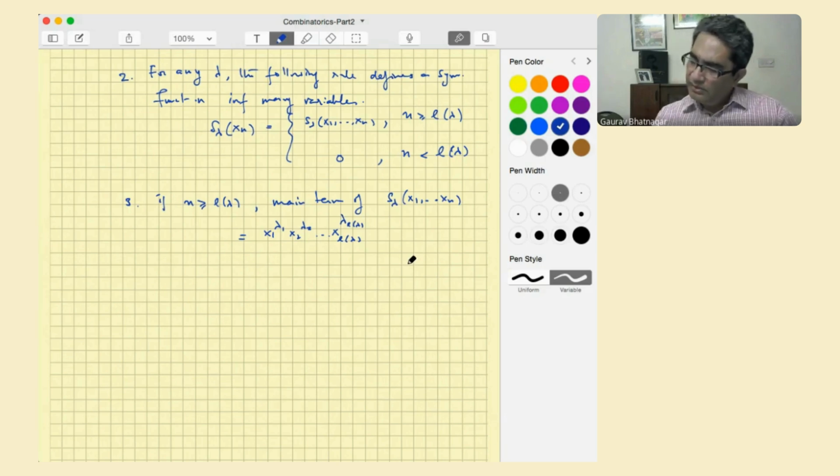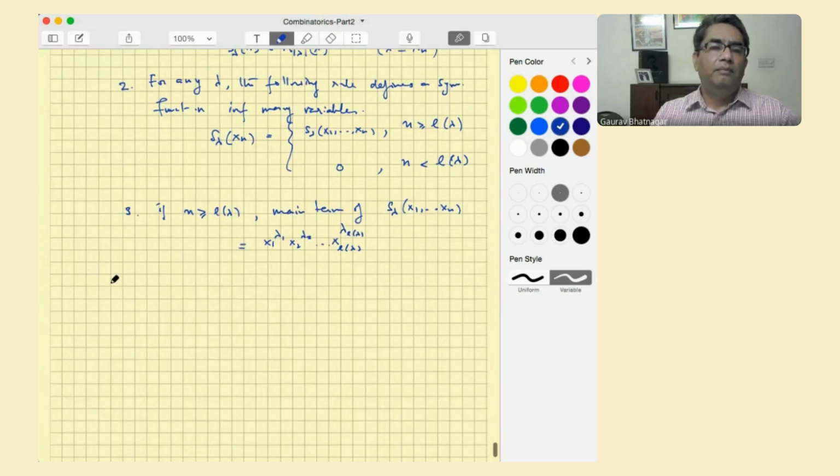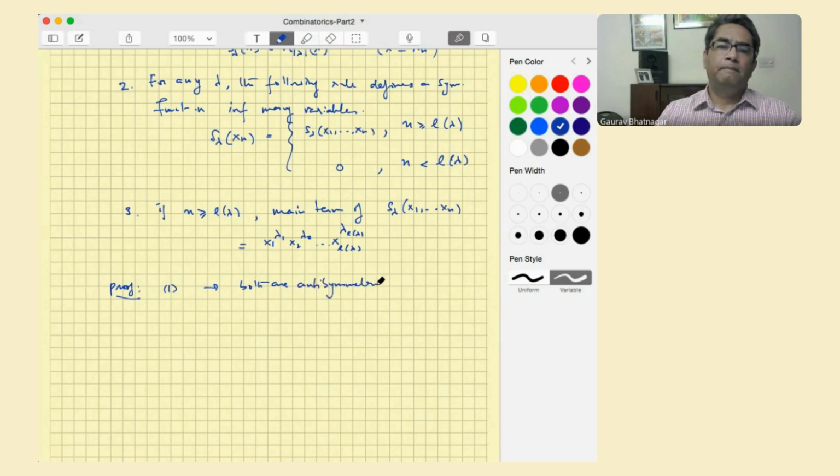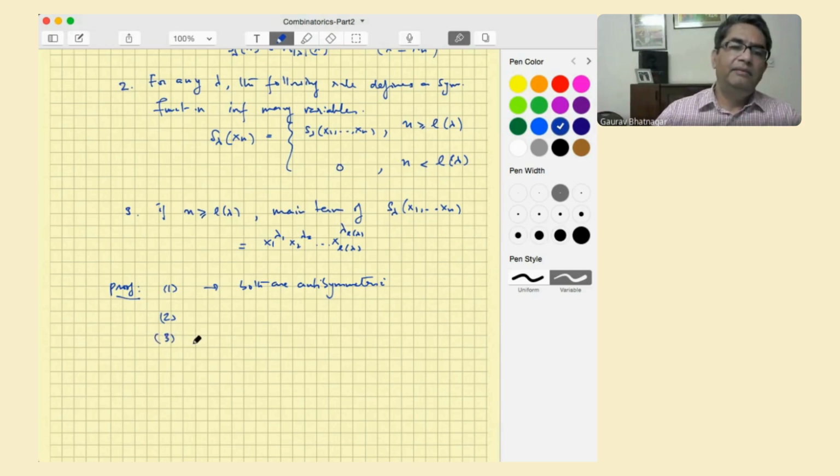Okay, so I think 2 needs a little bit of proof. 1 is okay, both are anti-symmetric. And 2 we'll just look at next time. 3 is divide main terms of both.